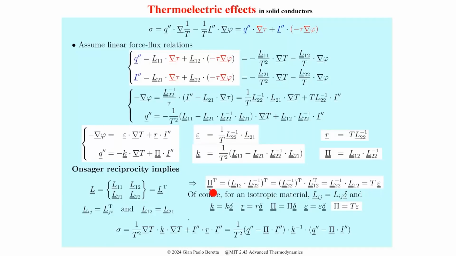So essentially you find that the transpose of Peltier is equal to the temperature times Seebeck. And of course, if the material is isotropic, these tensors simplify to simple scalars multiplied by the identity tensor, which is a matrix with all ones on the diagonal and zeros outside. And so the Onsager reciprocity implies that the Peltier coefficient is equal to temperature times the Seebeck coefficient.